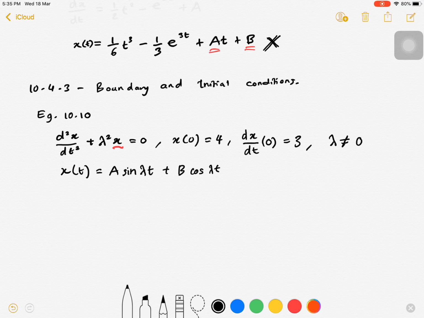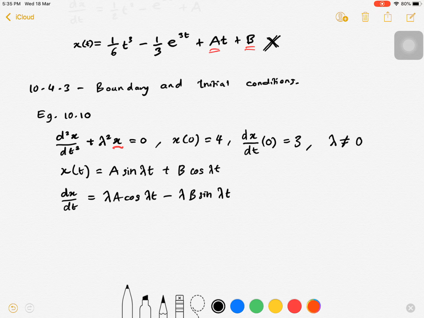Okay, and then to find the first derivative, you can differentiate it. So the answer is lambda a cos lambda t minus lambda b sin lambda t.